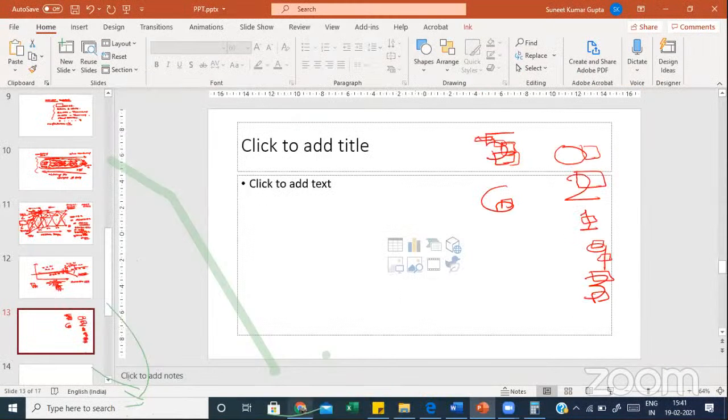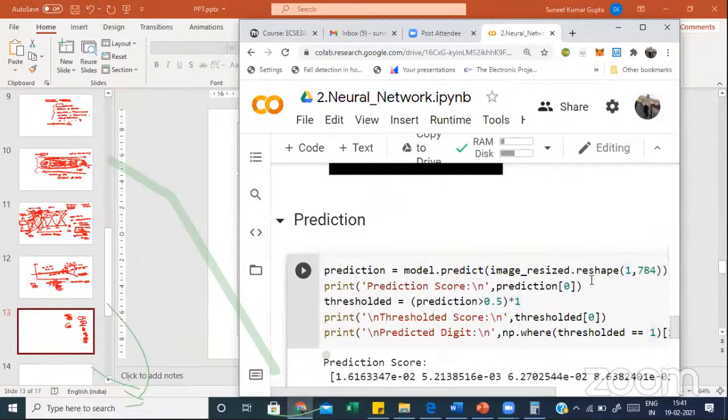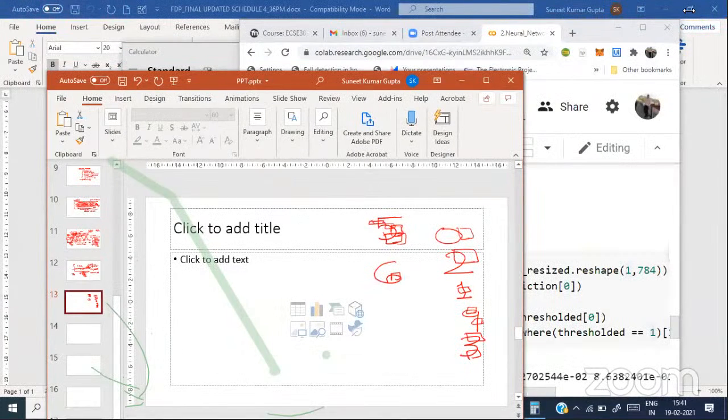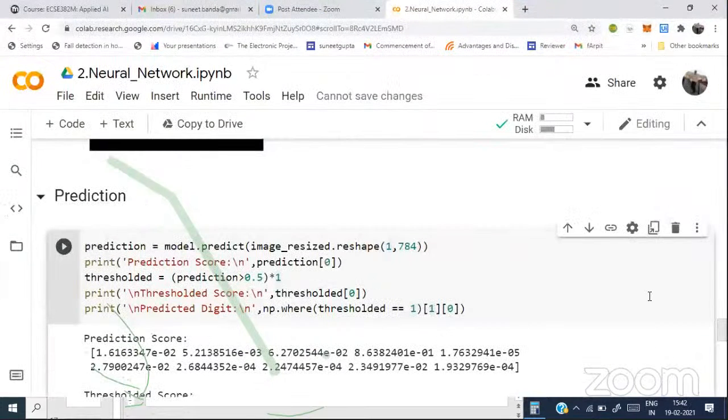Anyone having any question or any doubt, please write in the chat window. Okay, if you have any question, then please write. Hello.